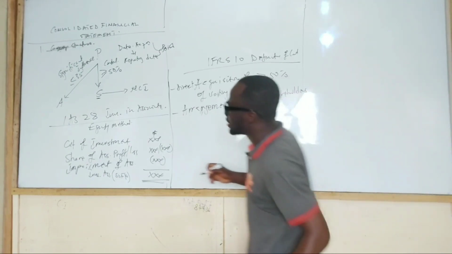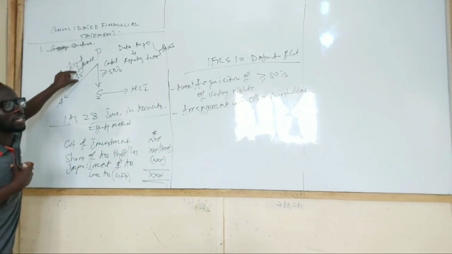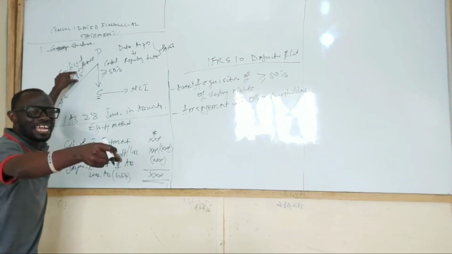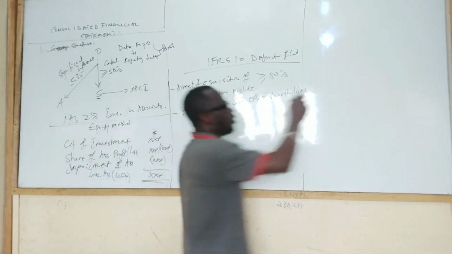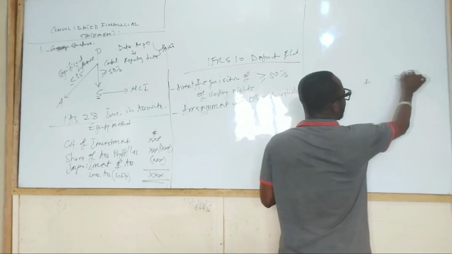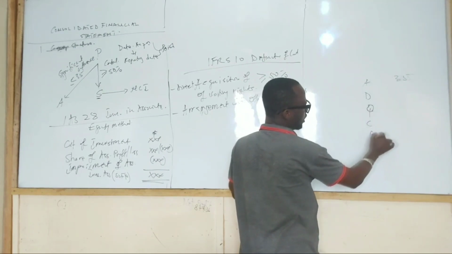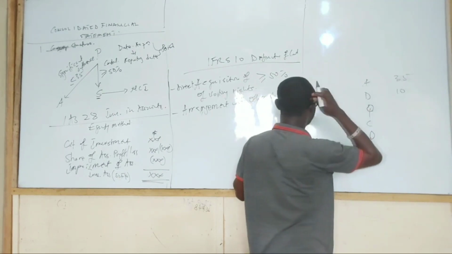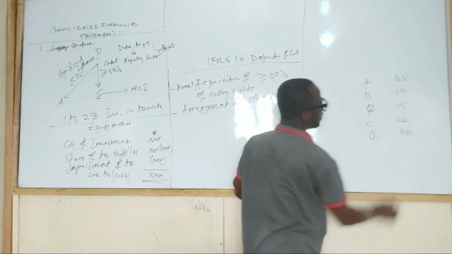This means that maybe we have 35% share ownership in the company, but per the standard, we are supposed to account for it as what? An associate. We have 35% share, and the other shareholders: let's say this one has 10%, this one has 15%, this one has 20%, and this one has 20%.